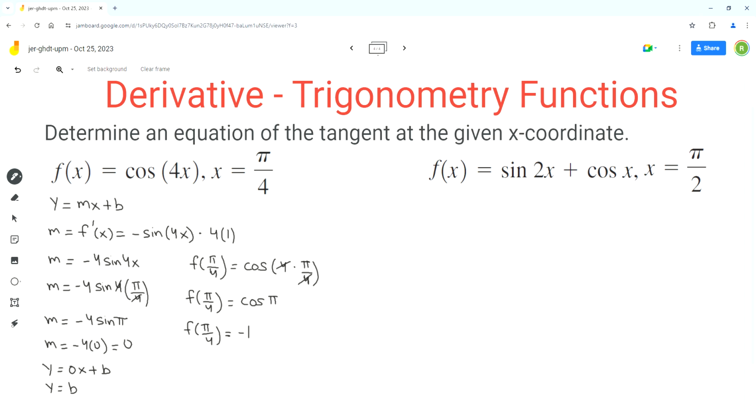So the point is pi over 4, -1. So we can sub in y as -1 in the equation of the tangent to find the b value, because this point that lies on the function also lies on the tangent because the tangent touches the function at this point.